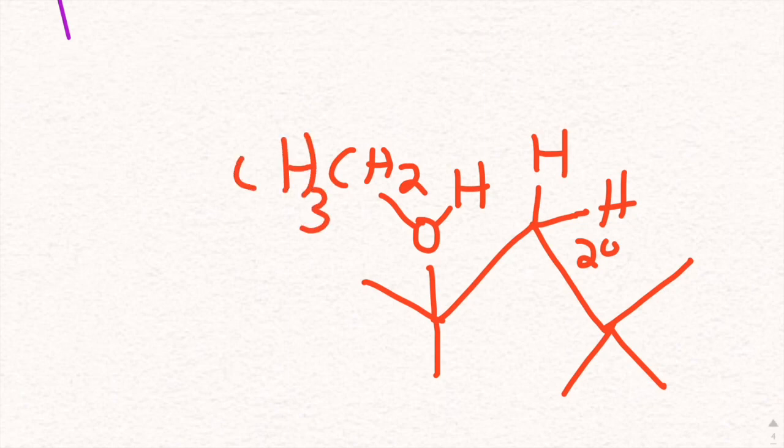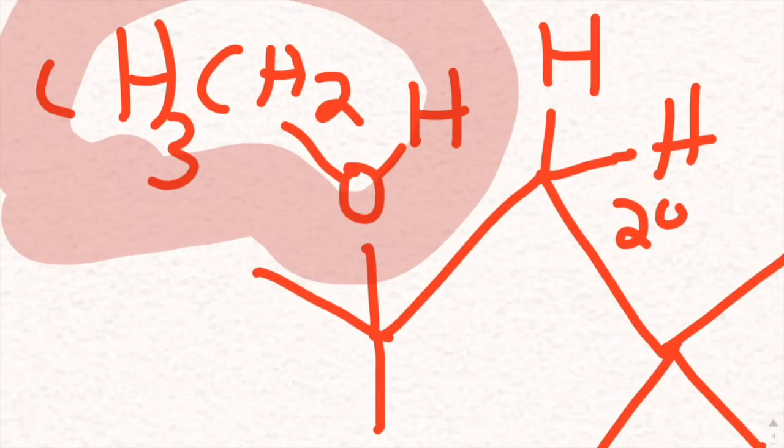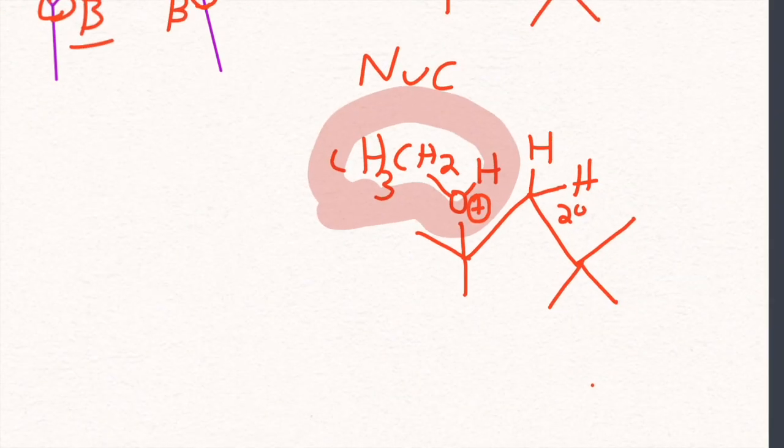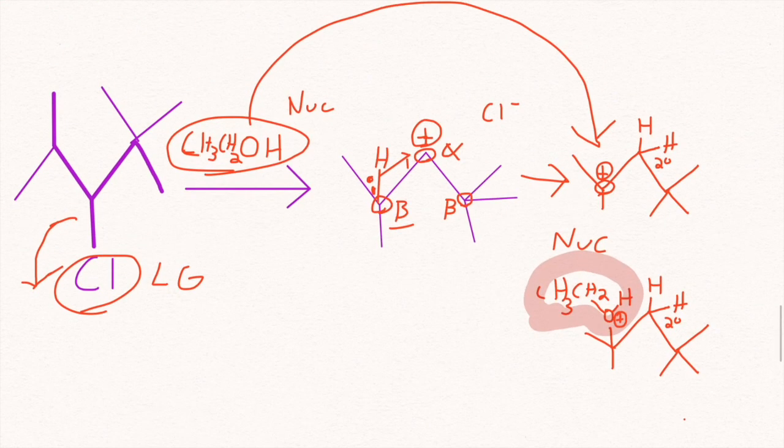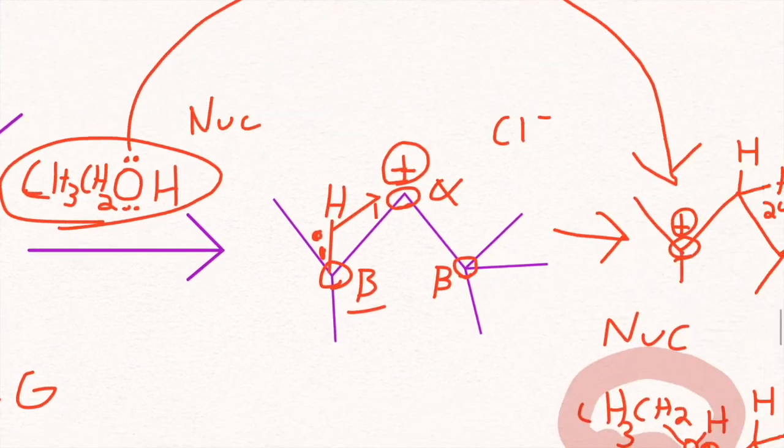This is our nucleophile. So this is where it is now. All that was our nucleophile until it attached. It's good to note that now the oxygen is positively charged because it has 3 bonds and 1 lone pair. Because that lone pair here is what actually attacked that positive charge in the carbocation.